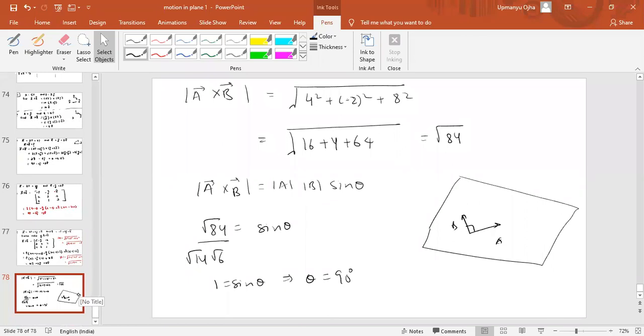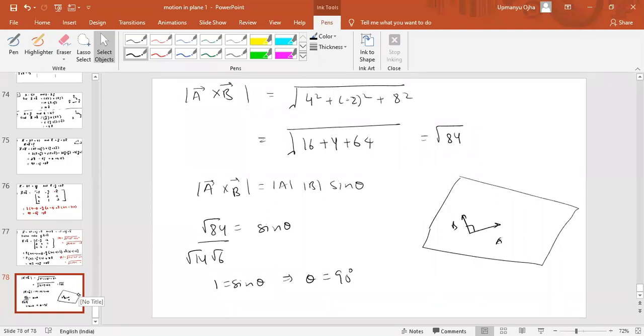You didn't understand the right hand thumb rule. Do you have a right hand? Take your right hand. Put your right hand finger on A vector. Rotate your finger towards the B vector. Are you rotating or not?